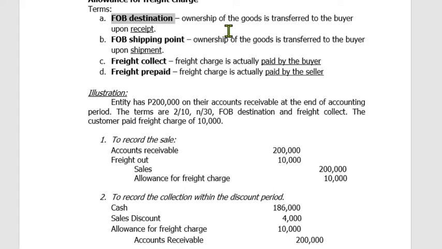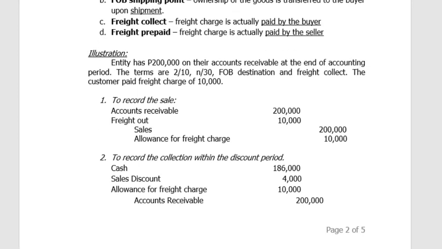So how do you recognize this? Because eventually yung binayaran ni buyer na 10,000 ay ibabawas niya kapag binayaran ka na niya ng kanyang utang. So how do you recognize it? Dapat mag-set up ka ng allowance for freight charge by setting up 10,000. Then freight out 10,000. Ibig sabihin ng freight out is the transportation or the delivery expenses.